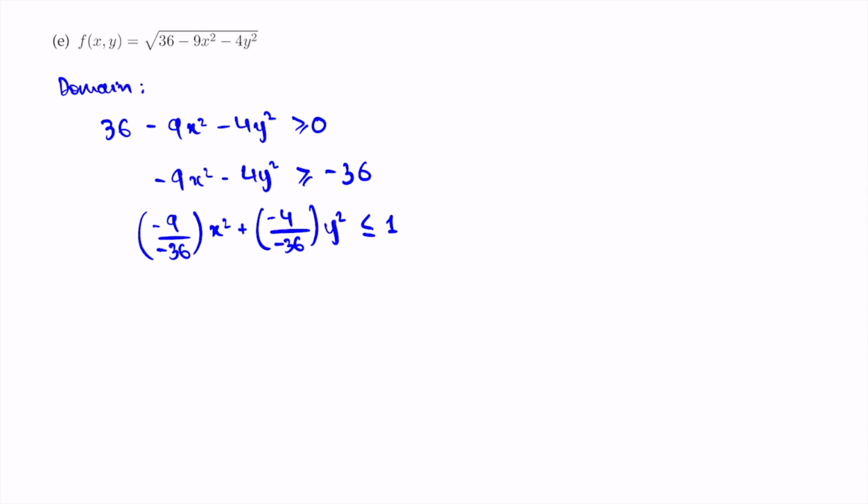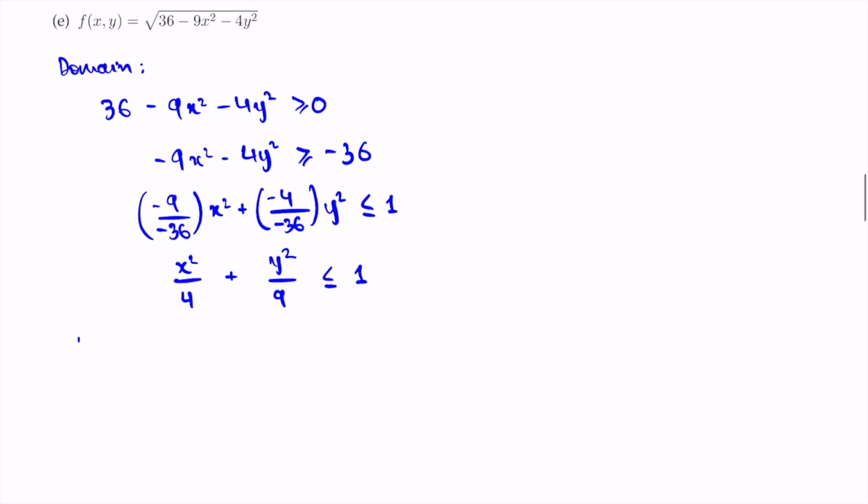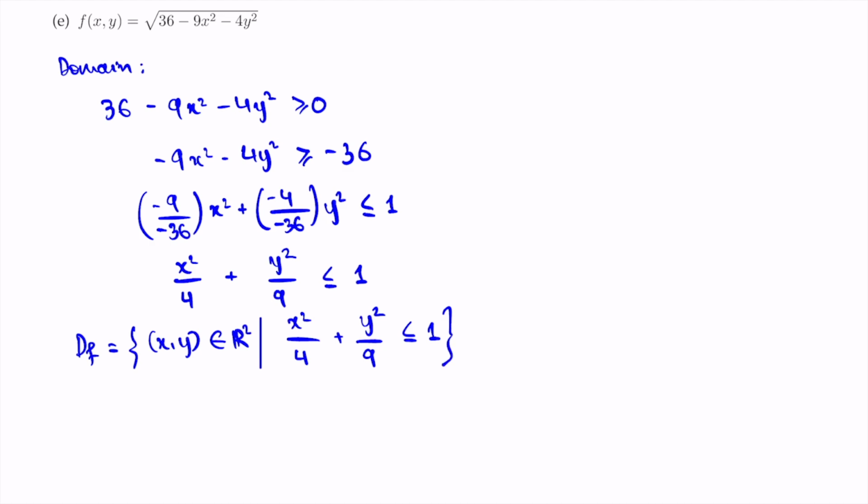So the coefficient of x squared is 4, so x squared over 4 plus y squared over 9 less than or equal to 1. So the domain of the function is the points (x, y) in R2 such that x squared over 4 plus y squared over 9 is less than or equal to 1.